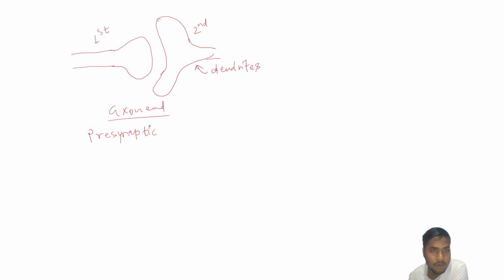This is the junction. Overall, this is the junction, called the neuronal junction. Why neuronal junction? Because of the axon of the first and the dendron of the second.